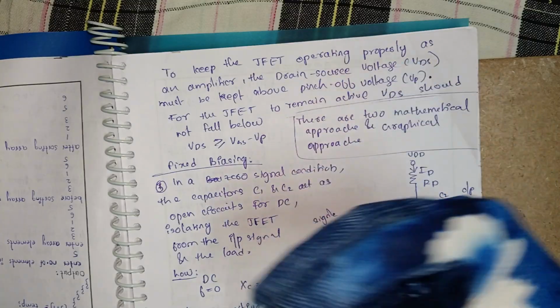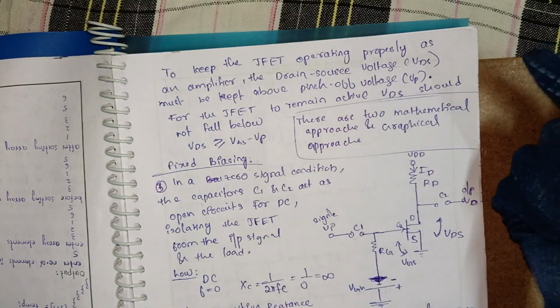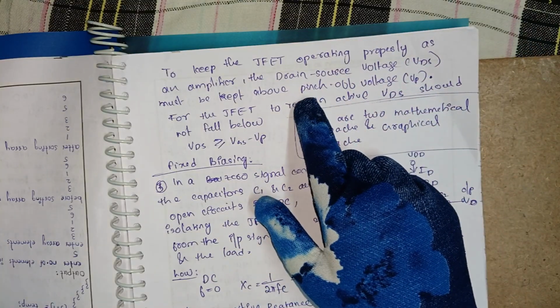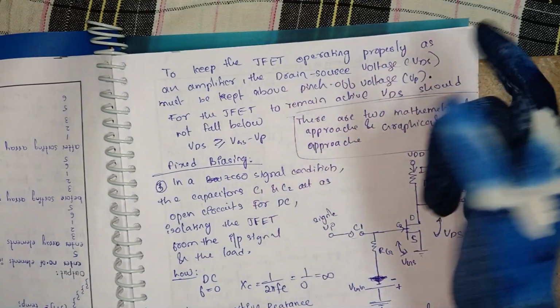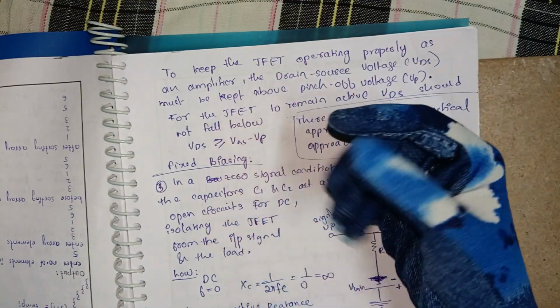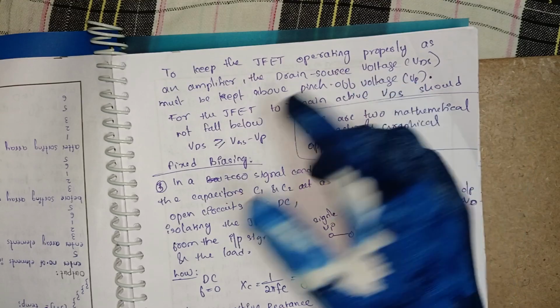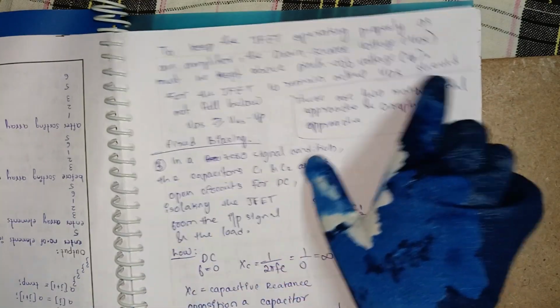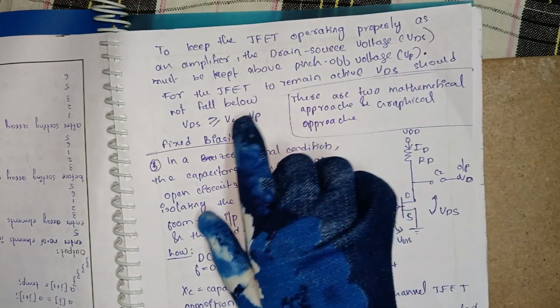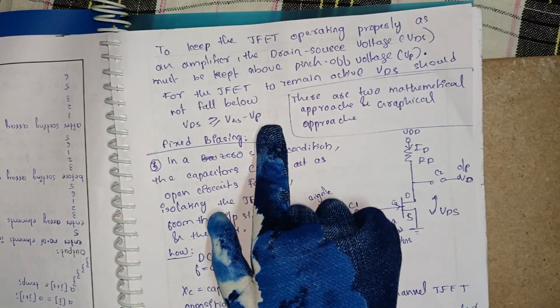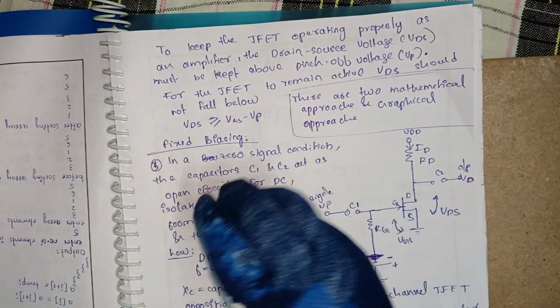The current increases to a level and then becomes constant, so it acts like an amplifier, increasing the strength of the signal. For the JFET to remain active, VDS should not fall below VGS minus VP; it should be greater than or equal to it.